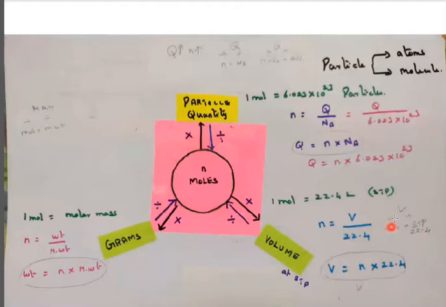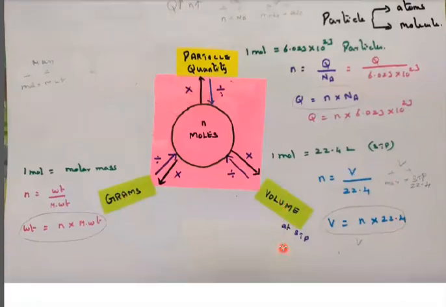If you want to calculate moles, V by 22.4. If you want to calculate V, we multiply moles and 22.4. So N is equal to V by 22.4 liters, and V is equal to N times 22.4. These are the shortcut forms of calculation for quantity, weight and volume, as well as the number of moles.